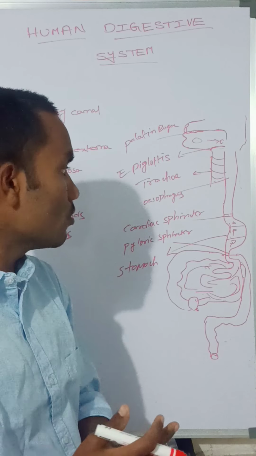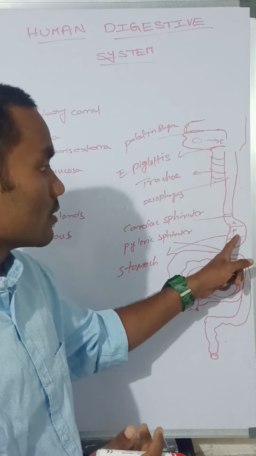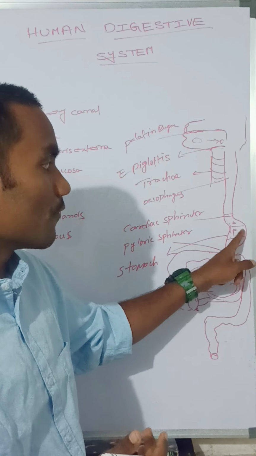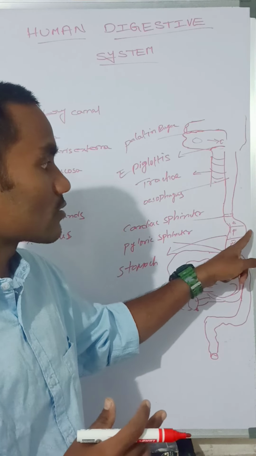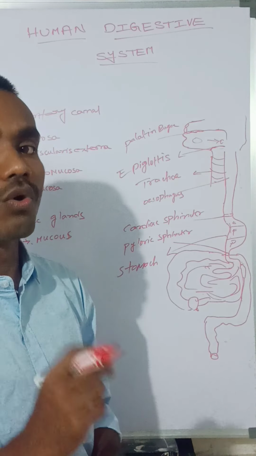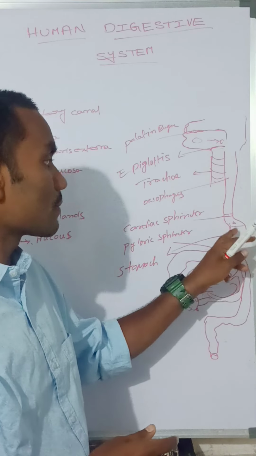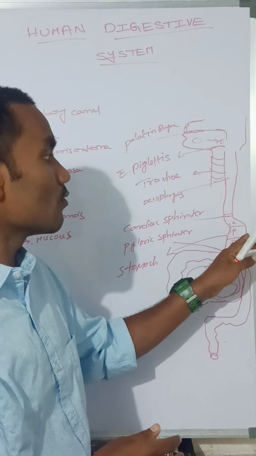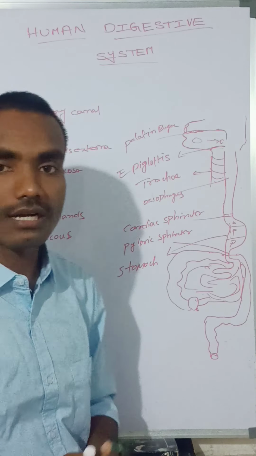Then the acids act on the walls. If there is no mucus, the acid acts on the walls and forms holes in the stomach. That's the reason this mucus protects the walls from excoriation. That mucus is secreted from the cardiac glands.